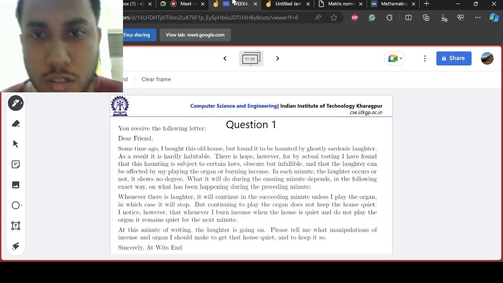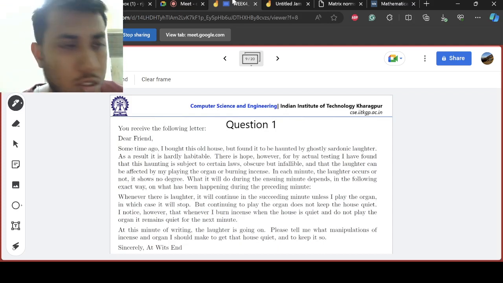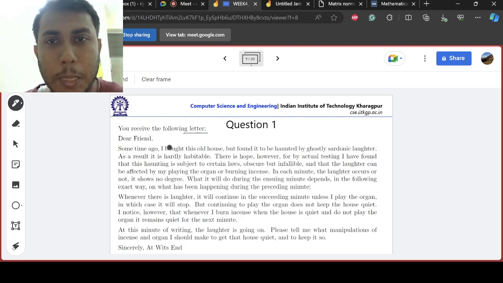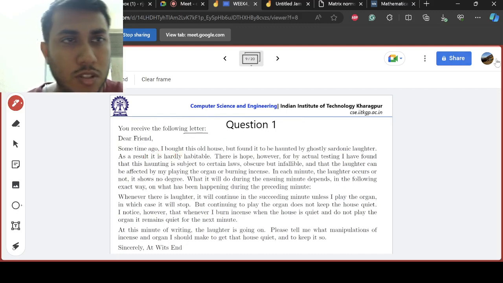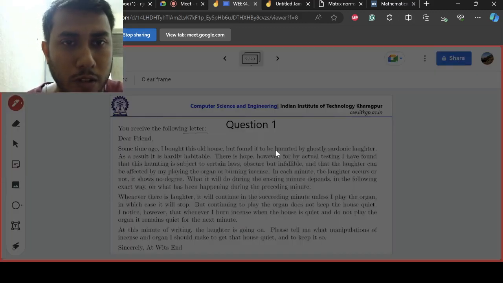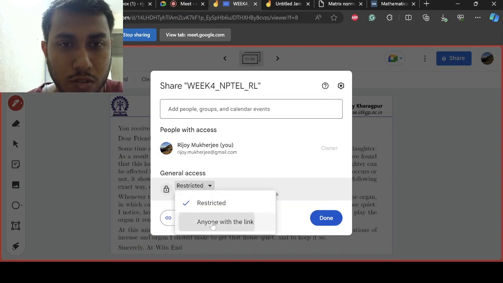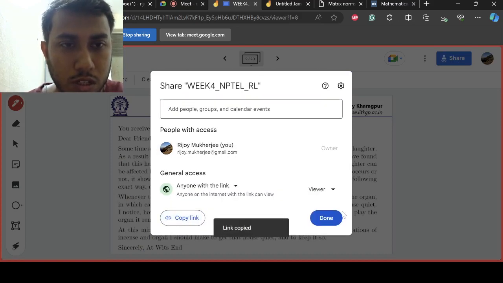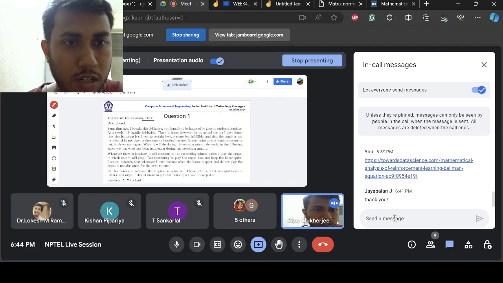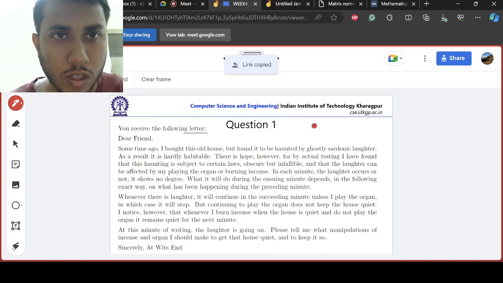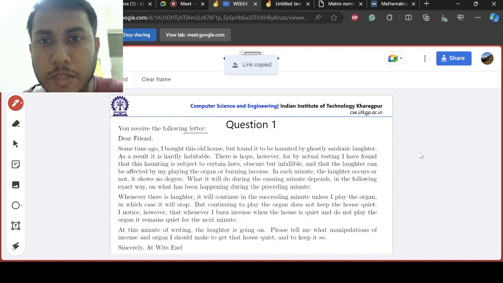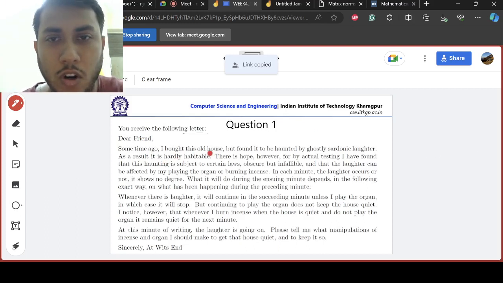So this says that you receive a letter from your friend, and it says, dear friend, some time ago I bought this old house but found it to be haunted by ghostly sardonic laughter.